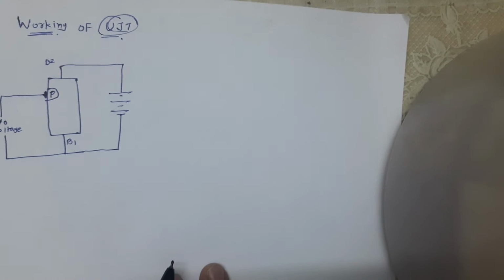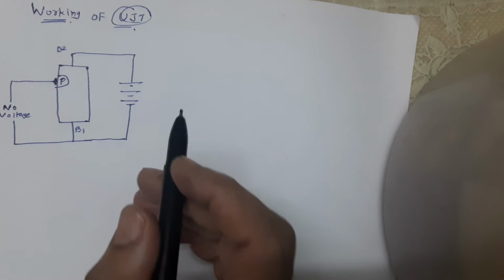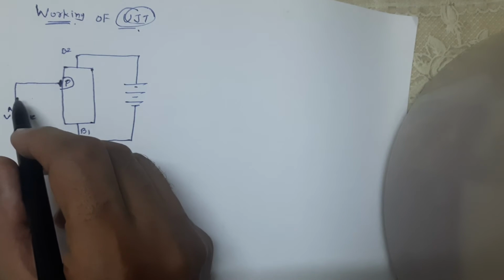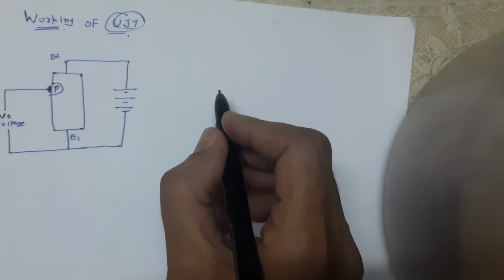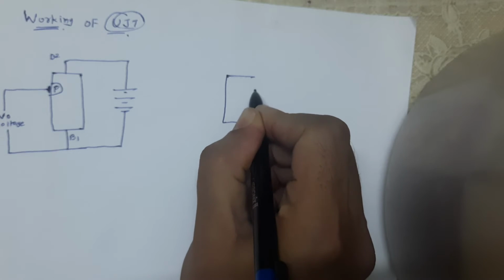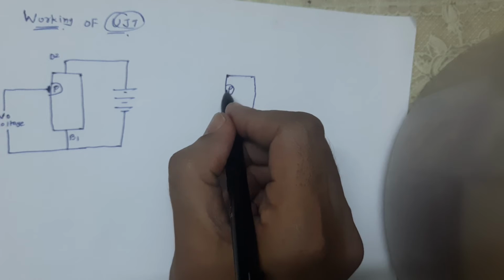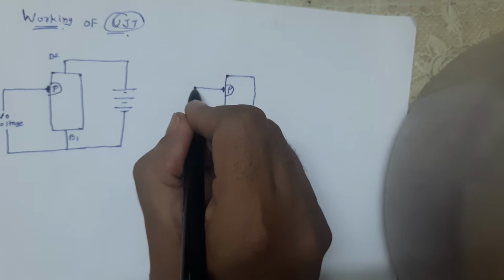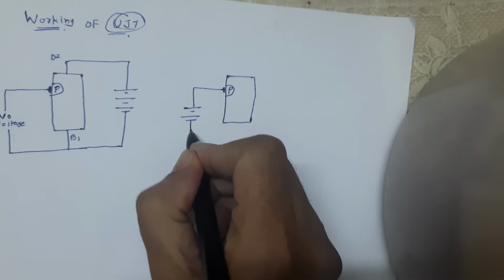What happens when this circuit is used? Second, when there is a voltage between the emitter and base 1. The second circuit is the same thing. This is your silicon bar. This is your emitter. In between there is a supply voltage.